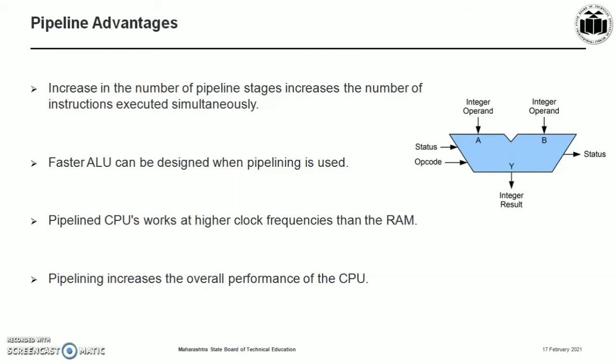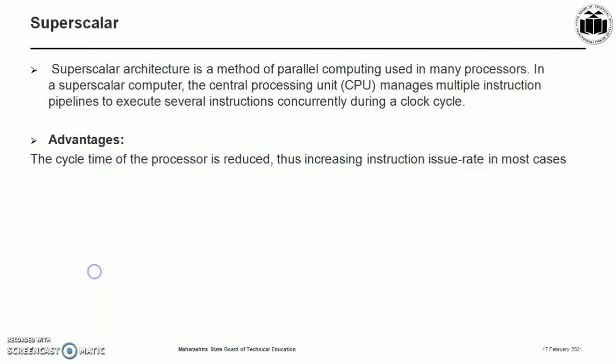You can use a 3-stage pipeline, 5-stage pipeline, 7-stage pipeline, etc. With an increase in the number of stages of the pipeline, we can design a faster ALU. Pipelined CPUs work at higher clock frequencies than the RAM. Pipelining increases the overall performance of the CPU.